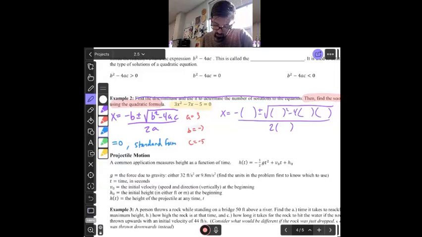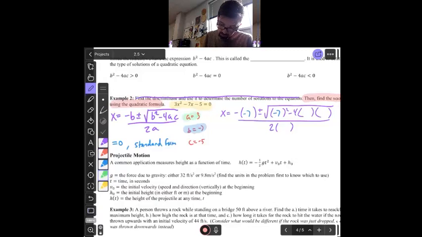I need a -b, so that's going to go here. I also need a b there. And I need a value here and here. And that c value.